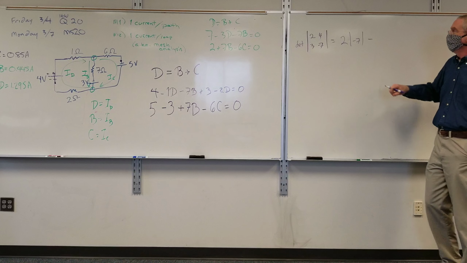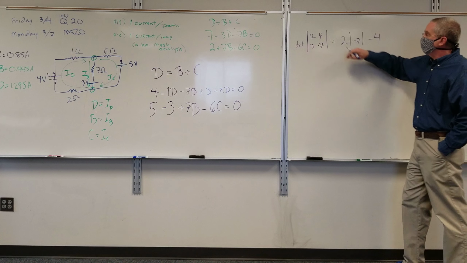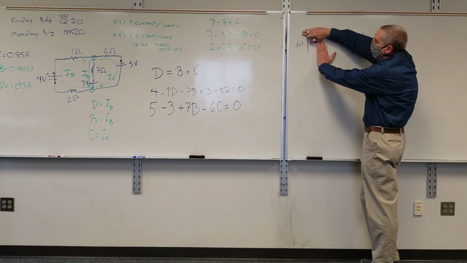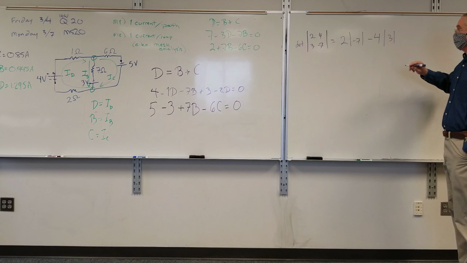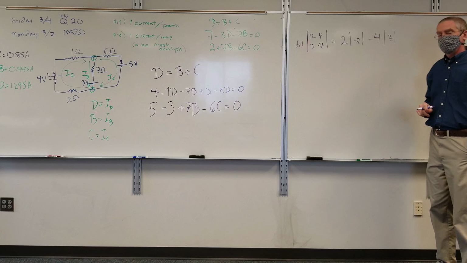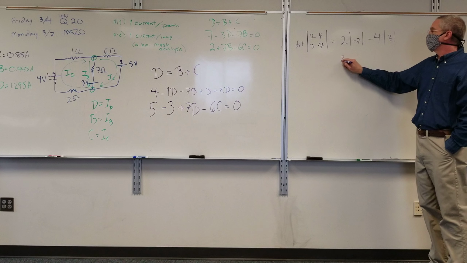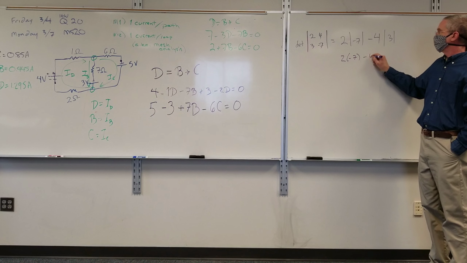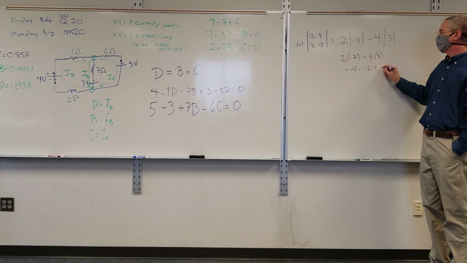So minus, and then I do the next number, 4. I block out that row and that column and I write down what's left over, and I find the determinant of that. Conveniently, the determinant of a single number is just that number. So this becomes 2 times -7 minus 4 times 3. So -14 minus 12, -26.